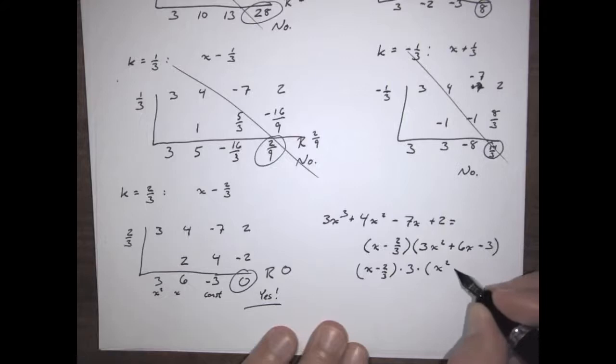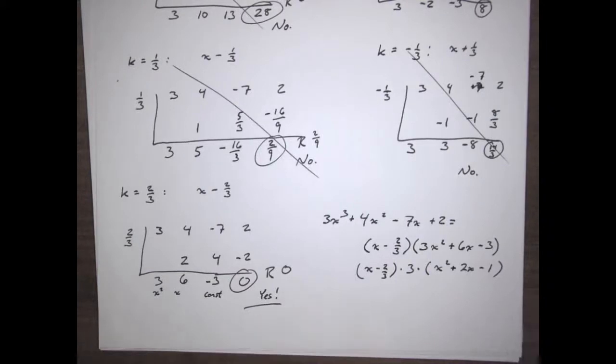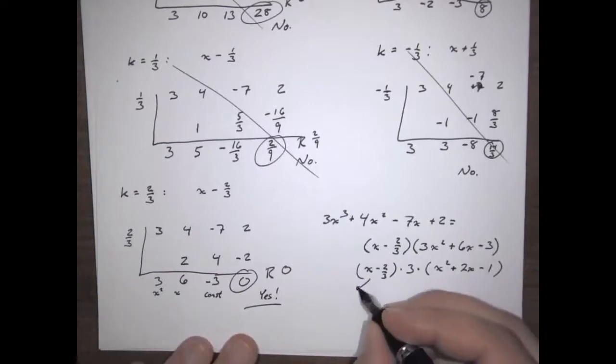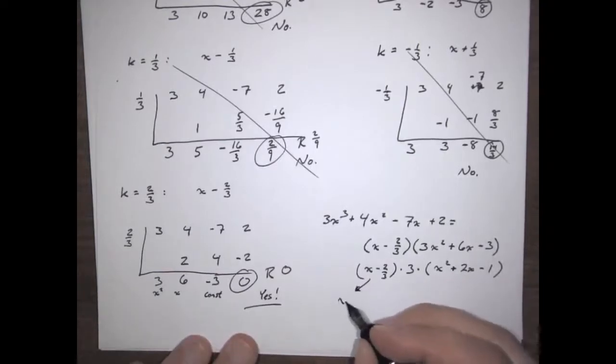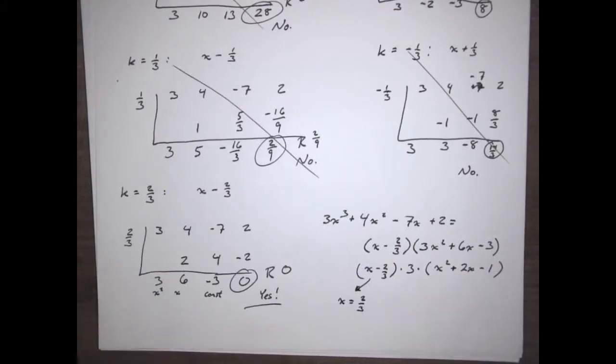We have an x squared plus 2x minus 1. And now we can see, so we already knew that one factor gave x equals 2/3 as one of the zeros. But over here, this one is not going to be factorable.